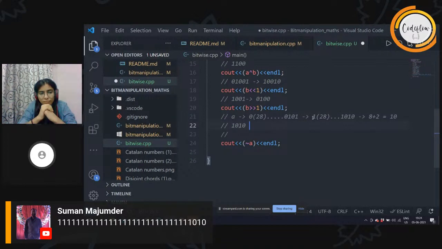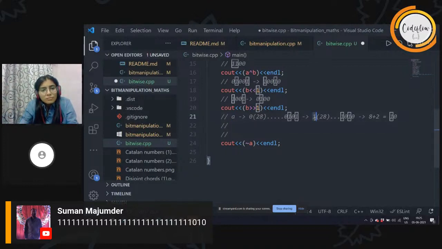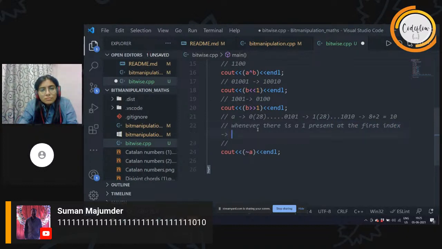Now my computer sees that this is a 32-bit number and the first digit over here is 1. Since I'm storing it in the form of 2's complement and the number I'm getting has first digit as 1, that means it is a negative number. Remember, whenever there is 1 present at the first index, it is a negative number.